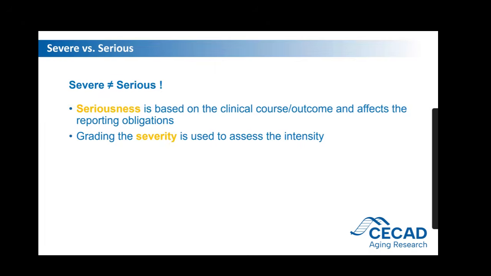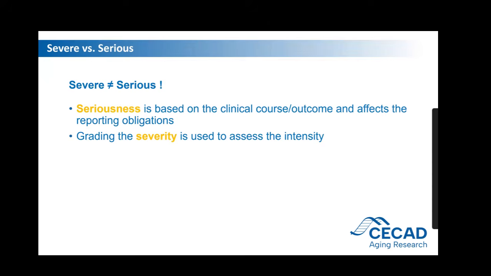But please remember that severe and serious is not the same, because seriousness is based on the clinical course or outcome and affects the reporting obligation. As we have just seen, it's life-threatening or requires hospitalization, whereas severity is the grading which is used to assess the intensity of an adverse event.